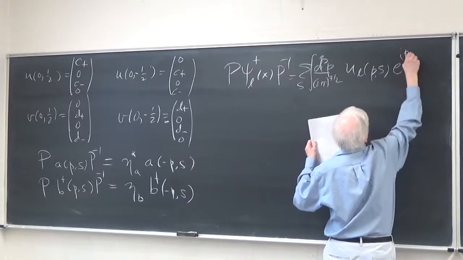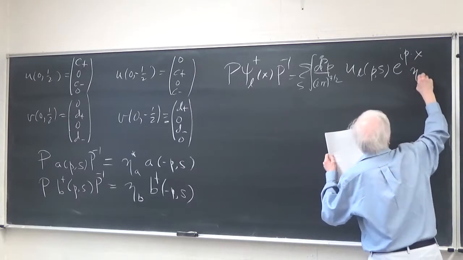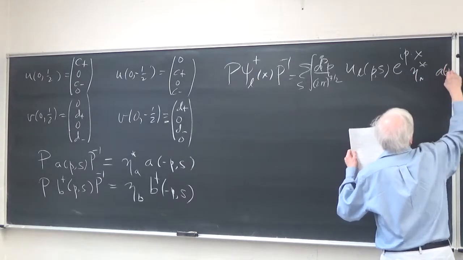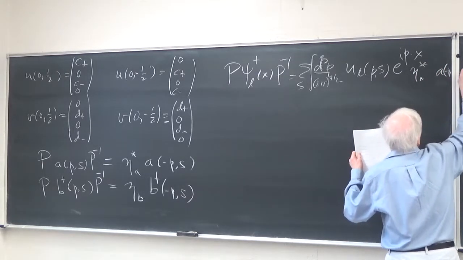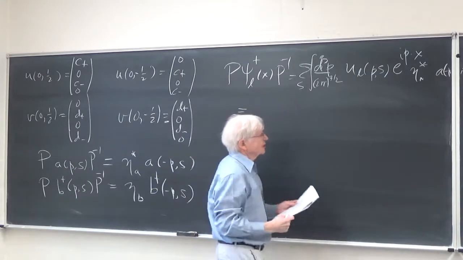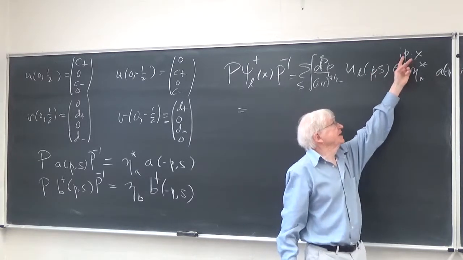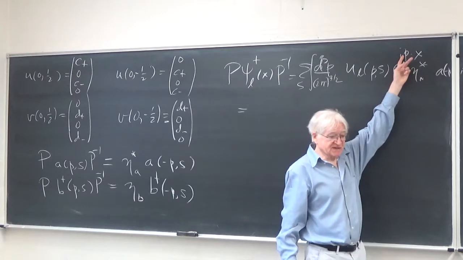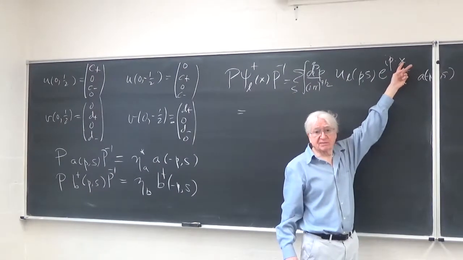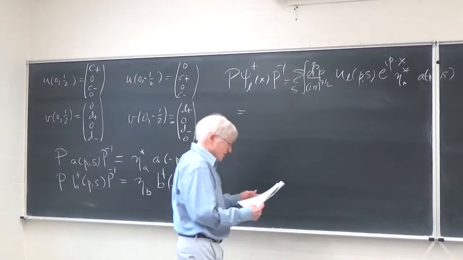But anyway, e to the I px, and then this is eta sub A star, A of minus P and S. And so now if we let P go to minus P, we get a minus P with the space components here, but we can flip that to the minus X component there.